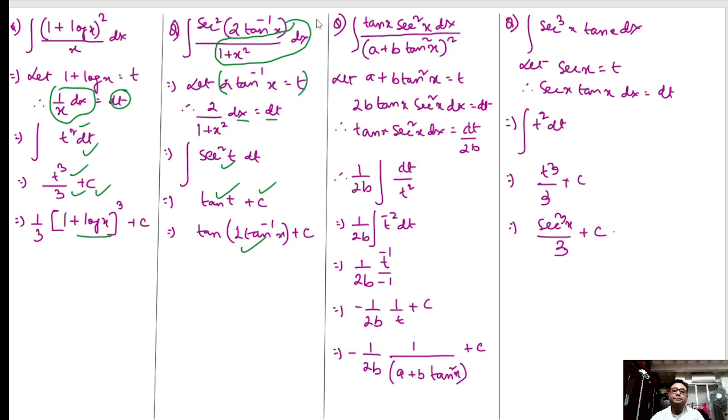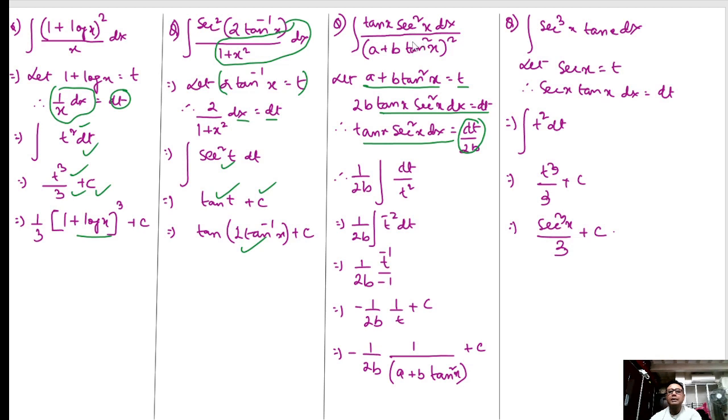So friends, next go to the next sum. Let us take a plus b tan square x as t. A is a constant, so it becomes 2b tan x, and the derivative of tan x is sec square x dx. So from here tan x sec square x dx is actually dt by 2b.